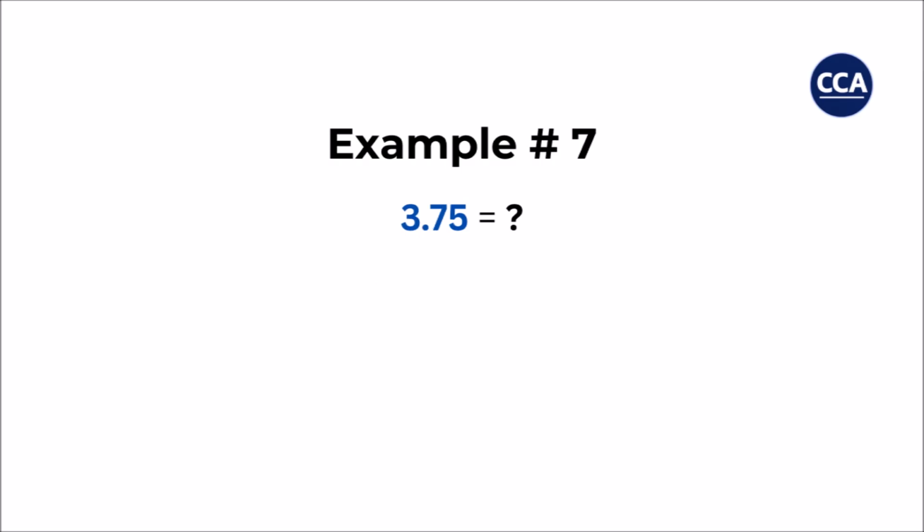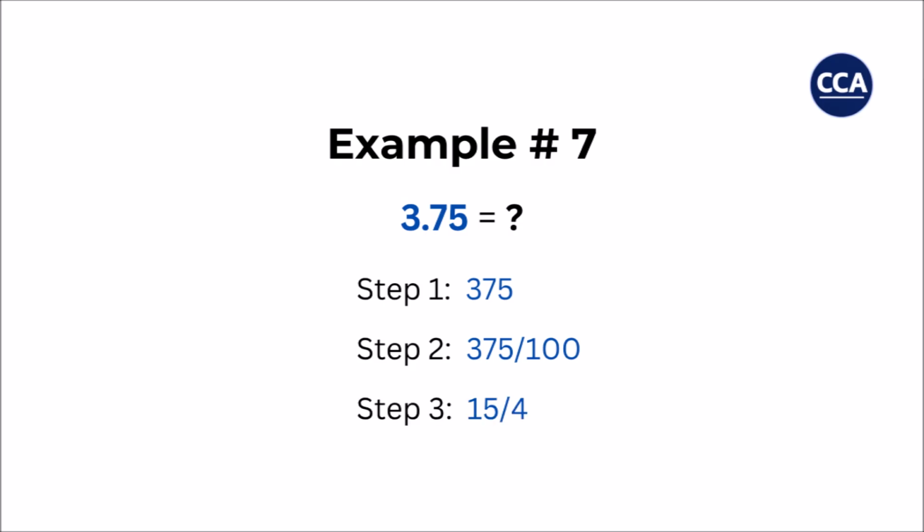Let's do one more important example. 3.75. Remove the decimal point, and you get 375. There are 2 digits after the decimal, so put it over 100. That gives us 375 over 100. Now simplify. Both numbers can be divided by 25.